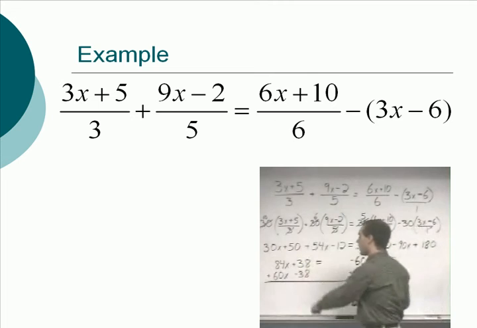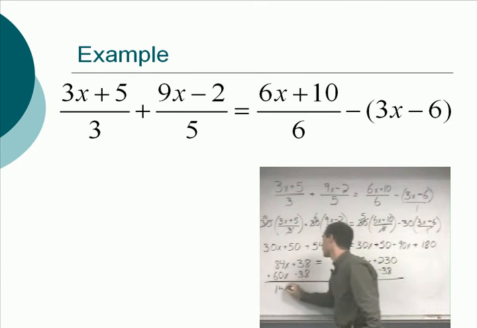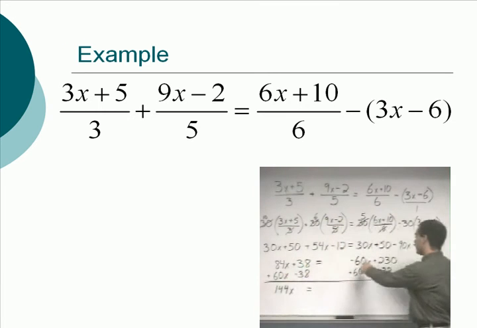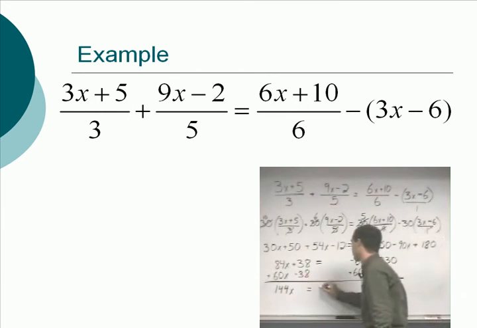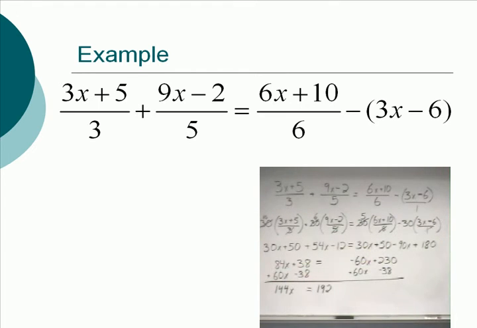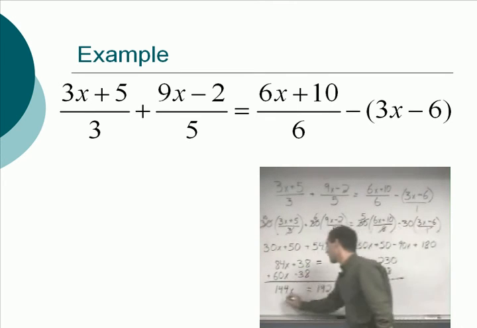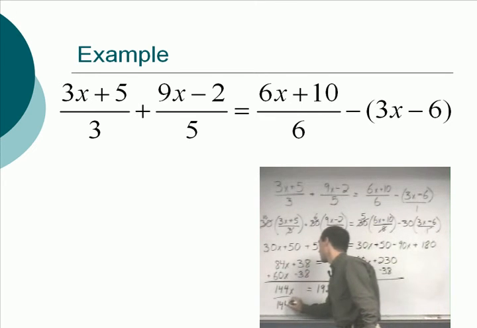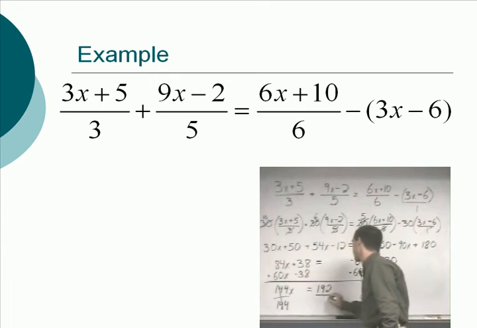And we're left with 144x equals 192. 144x equals 192. And we're set. Divide by 144.